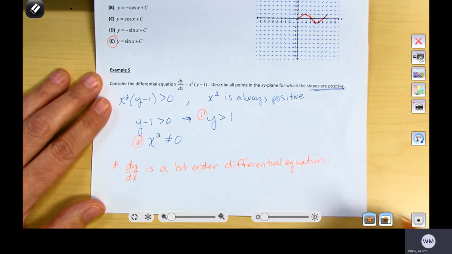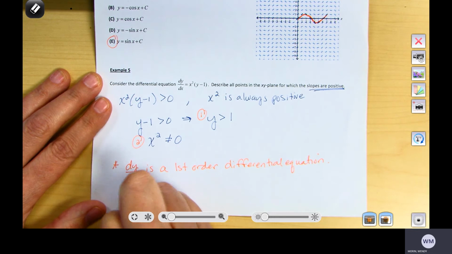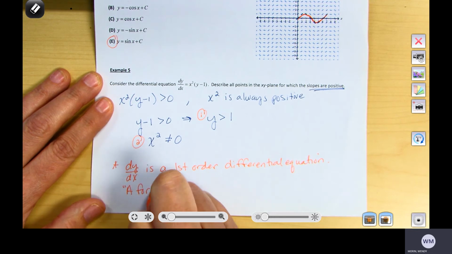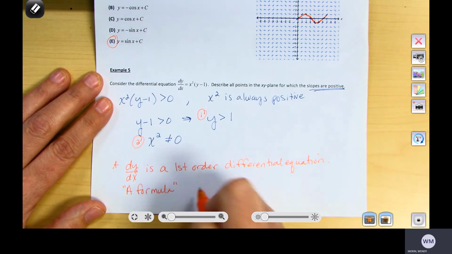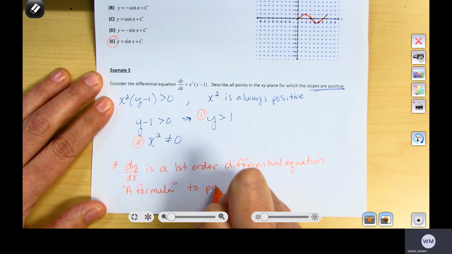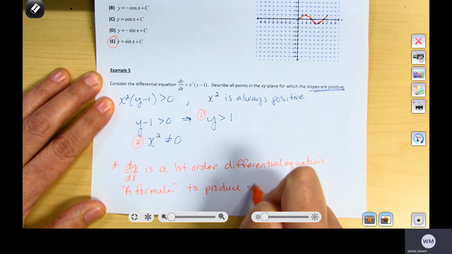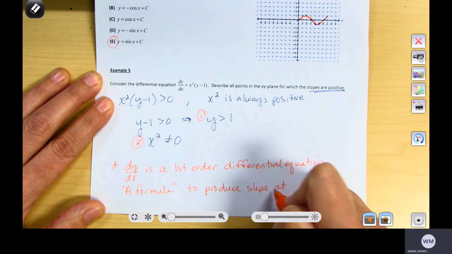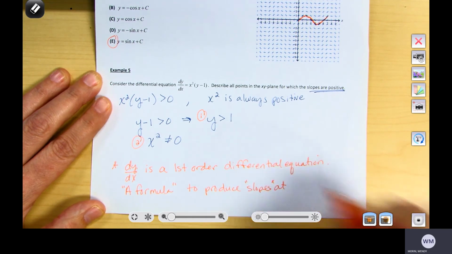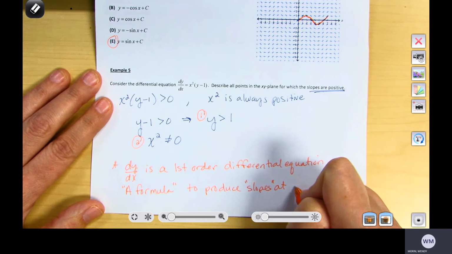So think of it as a formula to produce slopes, or tangent lines, little mini tangents at any point.